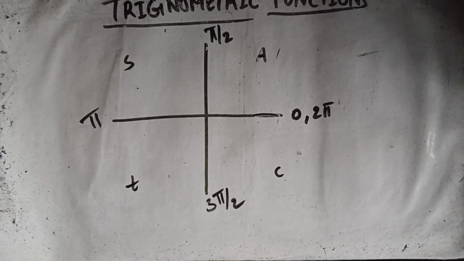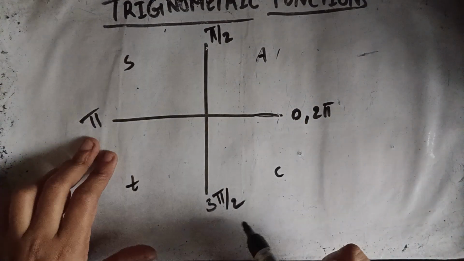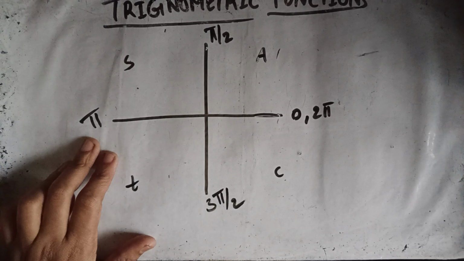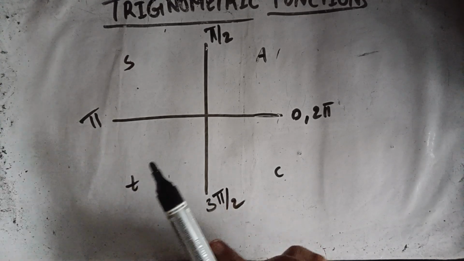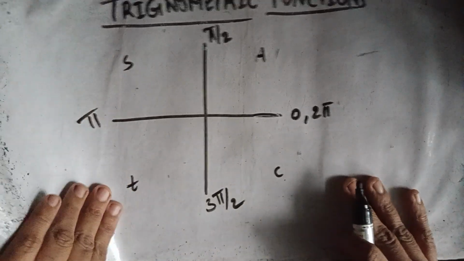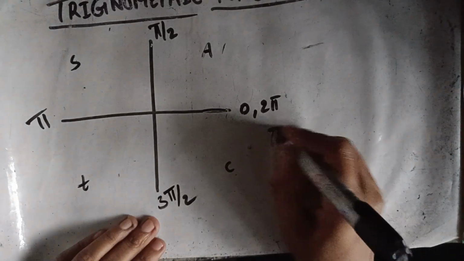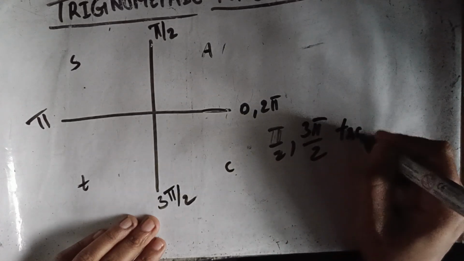That is, for pi and 2 pi, it is not transformation. For pi by 2 and 3 pi by 2, it is transformation. Here the cos and sine or all the trigonometric functions remain same. You can note down that for pi by 2 and 3 pi by 2, we have to do transformations.